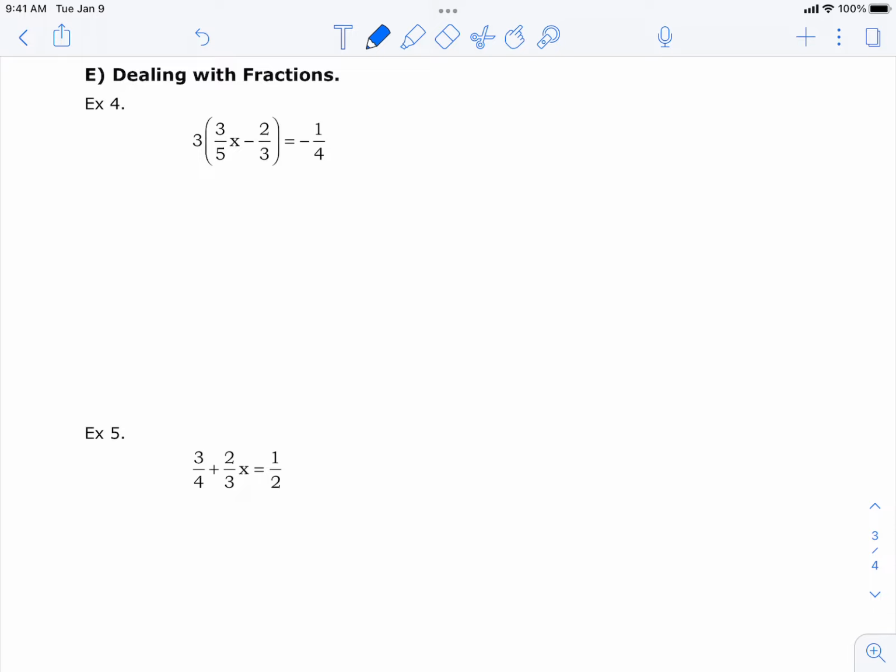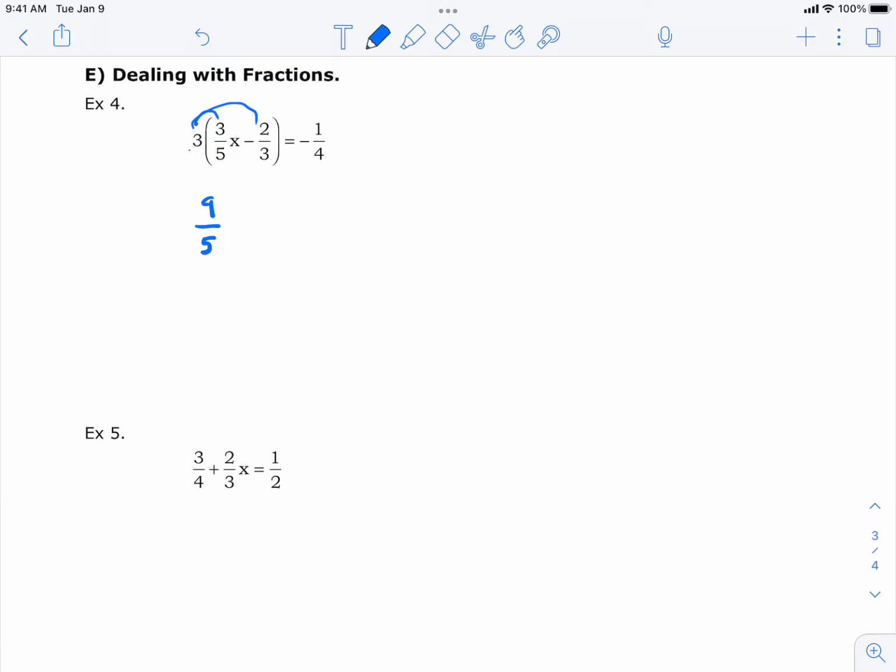So this first one. Well, we're supposed to get rid of parentheses first, right? So that means I'm distributing the 3 times the 3/5 and the 3 times the negative 2/3. Now, when you multiply 3 times 3/5, what do you get? You get 9/5. Sometimes people want to make that 9/15, but you don't multiply the bottom by 5.